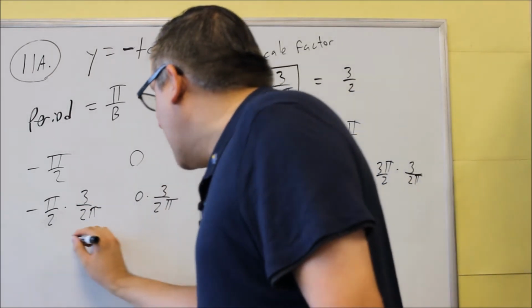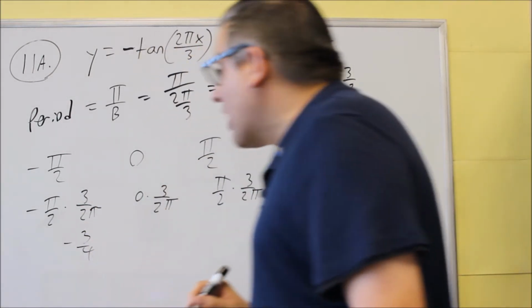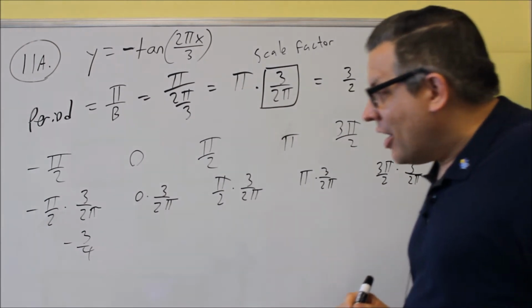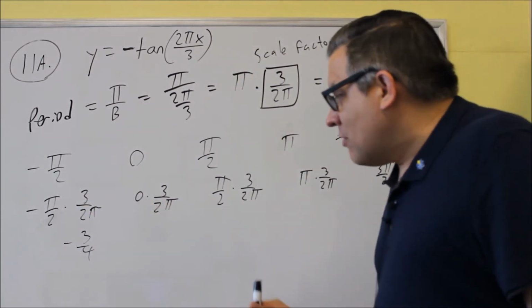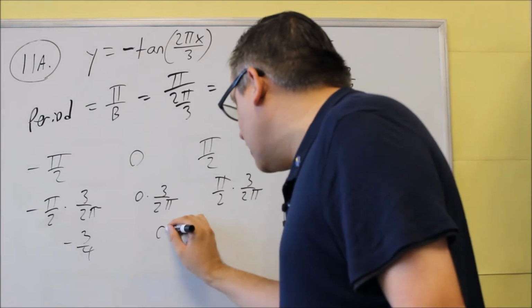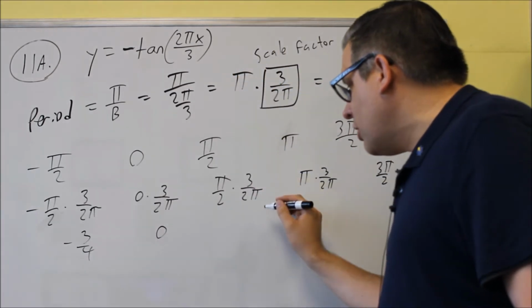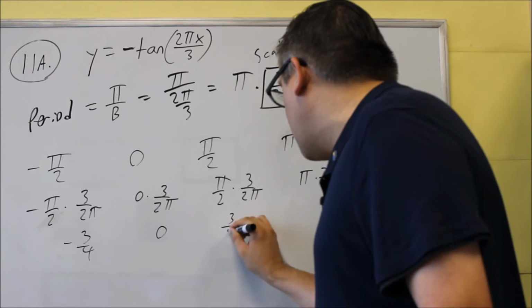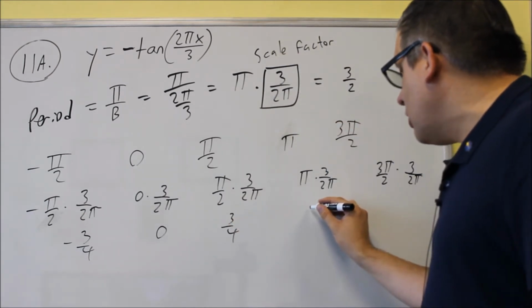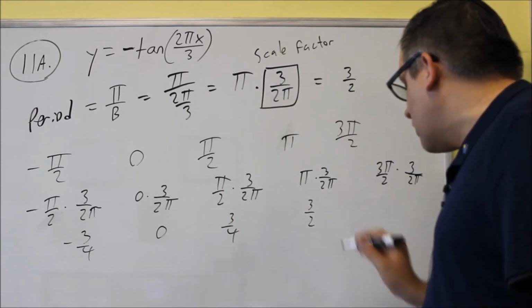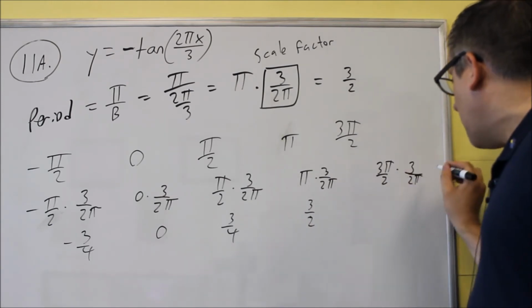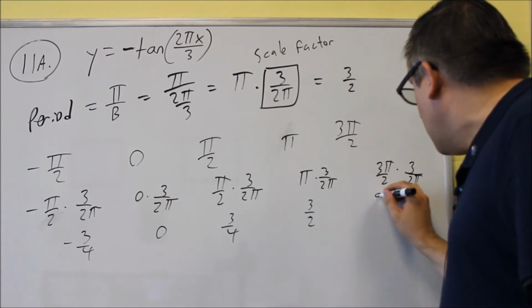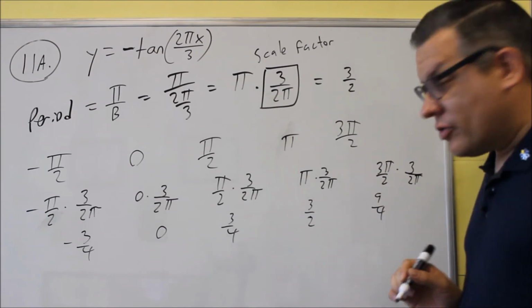For this one, I get negative 3/4. The pi's are going to cancel out, and I get that. Next, I'll get 0. This one, the pi's will cancel out again. I'll get 3/4. This one here is going to be this 3/2. And the one in the end, the pi's will cancel out. Multiply across the top, across the bottom, get 9/4.